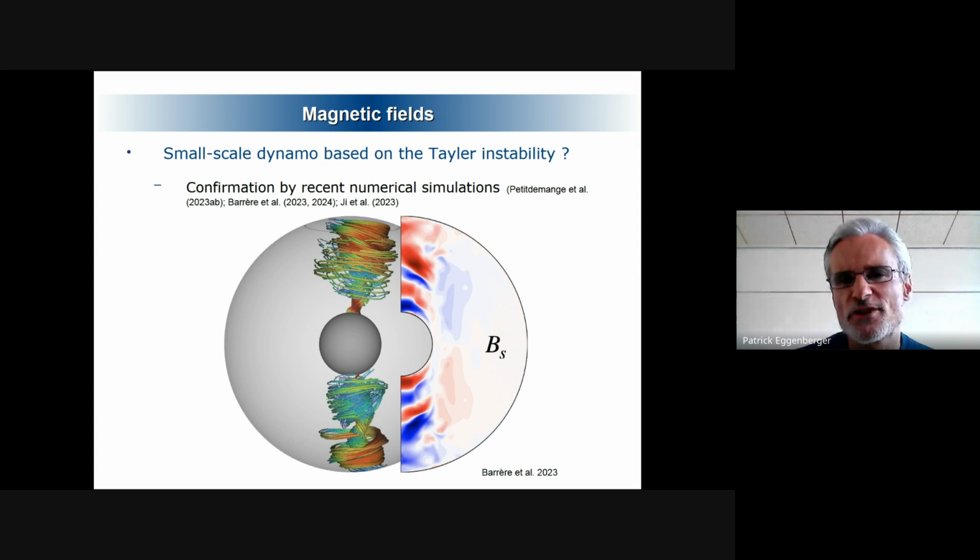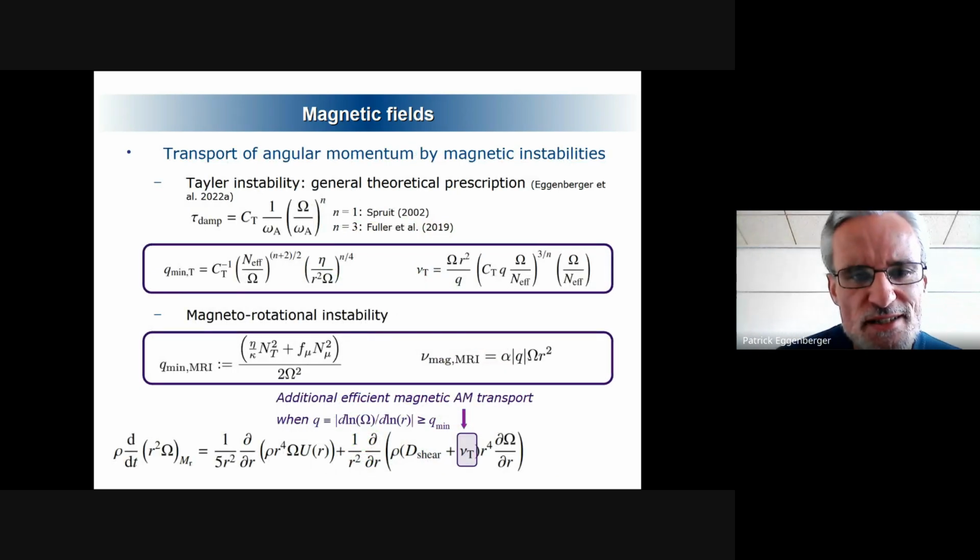This is a very important and really recent result by Ludovic Petitdemange in 2023, also simulations by Paul Barrère confirm this. The global view is that it is possible to have this kind of process operating in stellar interiors. So we have to account for this process, and this is done.